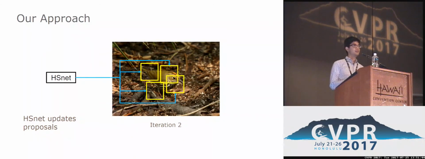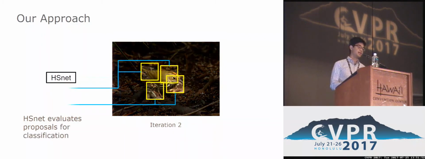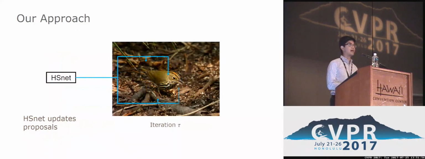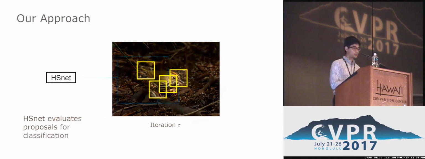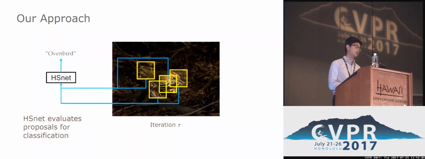Now, given this evaluation, HSnet updates the proposals and proposes new candidate bounding boxes. Then this is again fed into HSnet to make another prediction. After tau iterations, where tau is a hyperparameter you can select, you get your final prediction, and here it says ovenbird. So that's our iterative approach.